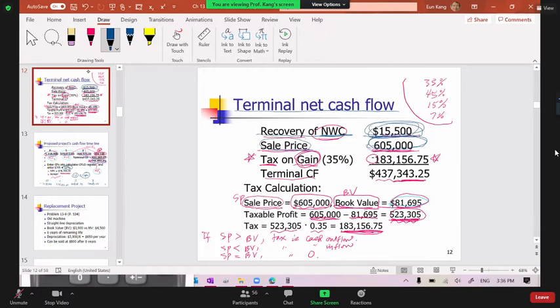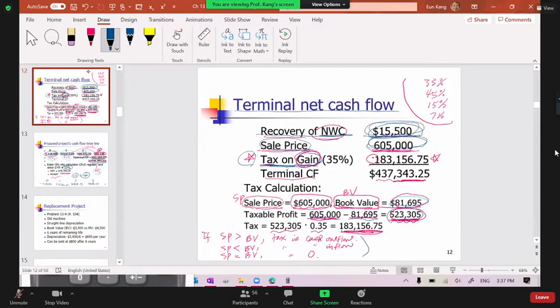And then the most difficult part is tax on gain. You have to calculate the tax. What is tax on gain? It's not on the sale price. How to calculate gain? You have to calculate book value. So you compare book value and sale price, as I did here. Your sale price is greater than book value by 523,305.